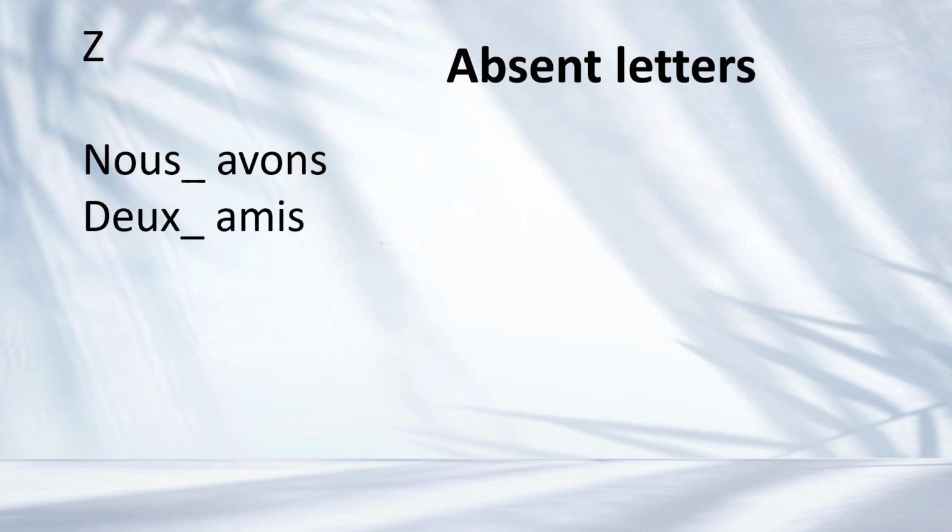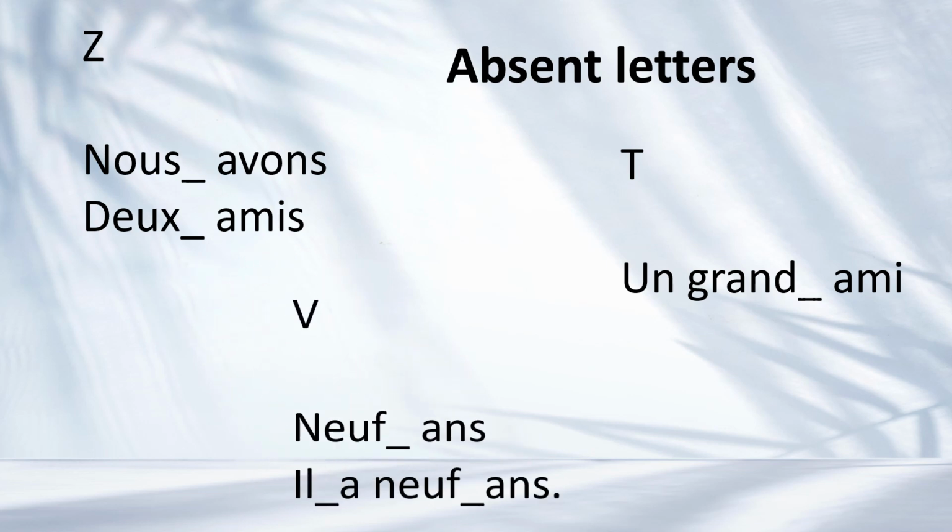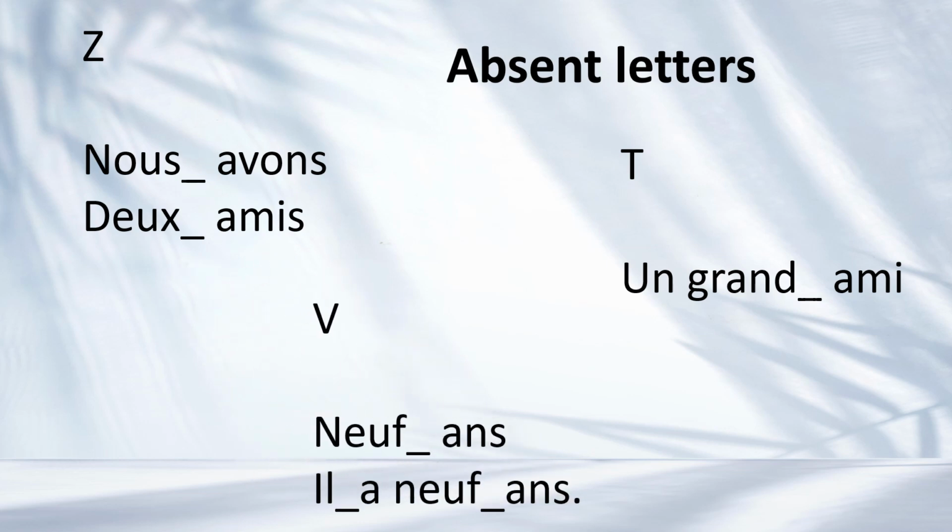There's another absent letter here, the T sound. The D of grand is going to change to a T sound. Un grand ami, un grand ami. A great friend. Another sound, the V sound, for neuf, for example.